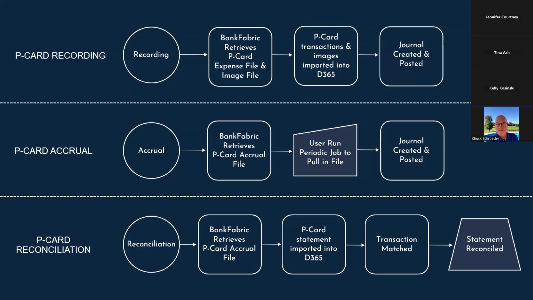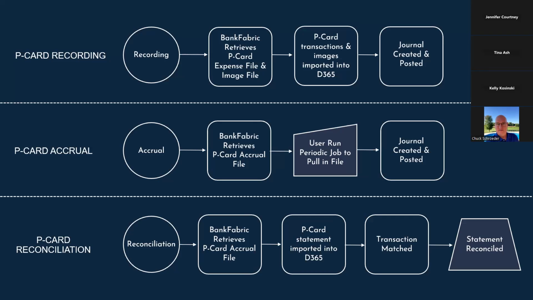Bank Fabric will pick up that file, and then the process continues with the file being imported into D365 via a recurring batch job. The journal will be automatically created using the offset account specified in TAS parameters. The transaction images would be attached to the journal lines. And if you have auto posting enabled in your Treasury Automation Suite parameters, then that journal will be posted.